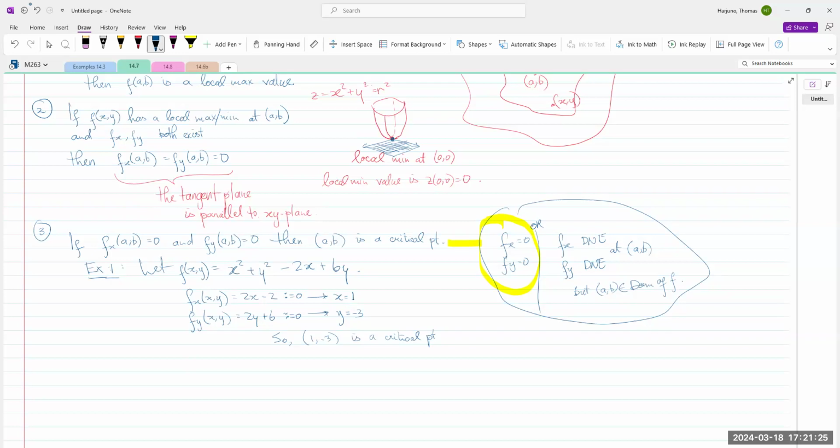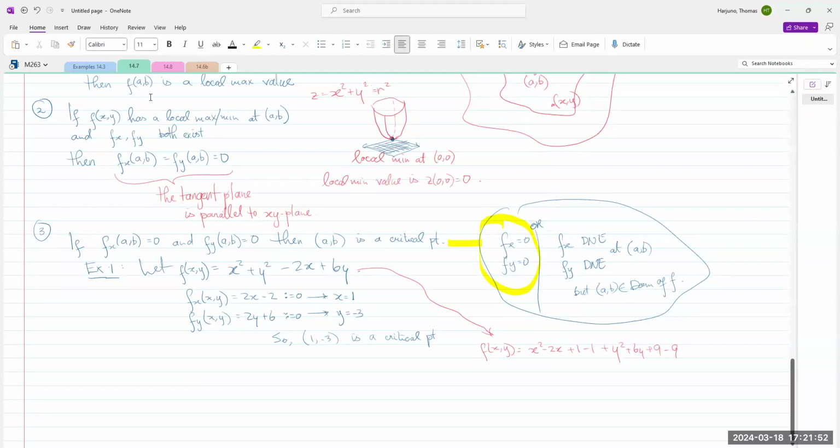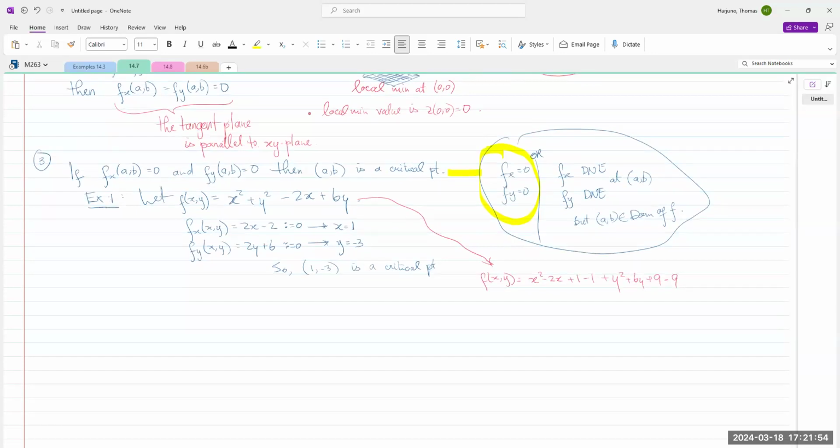But at this point, we don't know yet if it is a local maximum, local minimum, or neither. Actually, we can tell if you happen to be able to visualize the situation. If I complete the square, f(x, y) gives x squared minus 2x plus 1 minus 1 plus y squared plus 6y plus 9 minus 9. I add and subtract because I complete the square, but I need to compensate for that addition. So I get (x minus 1) squared plus (y plus 3) squared minus 10.